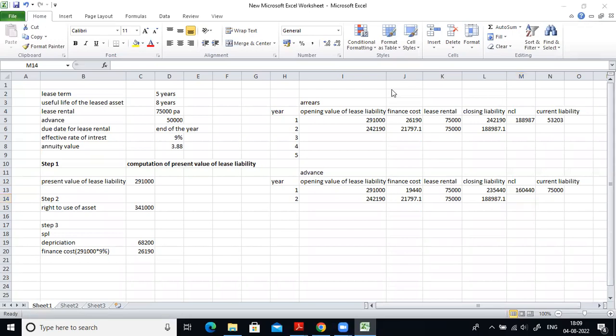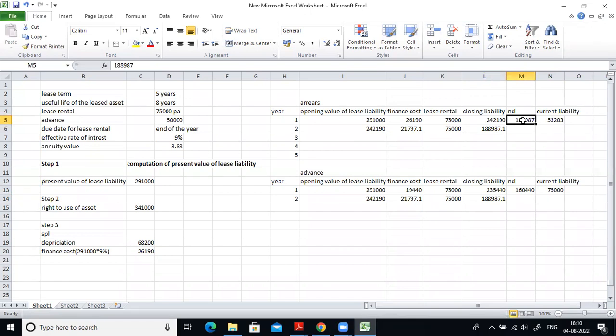Yeah, in arrears. Now, in arrears, in order to compute the current liability, it is 2,42,190 minus the non-current liability. How do we get this 1,88,988? The closing liability of the subsequent year will be considered as the non-current liability for the current year.